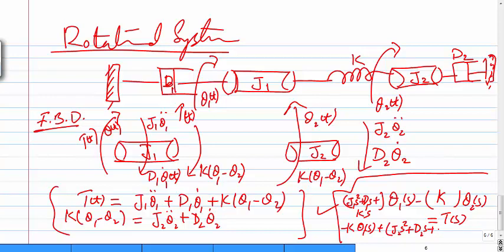Yes, we have K, for theta 2 of s. Is there any applied torque? No, 0. So this is the way we can solve these equations using the inspection method or by applying Newton's law.